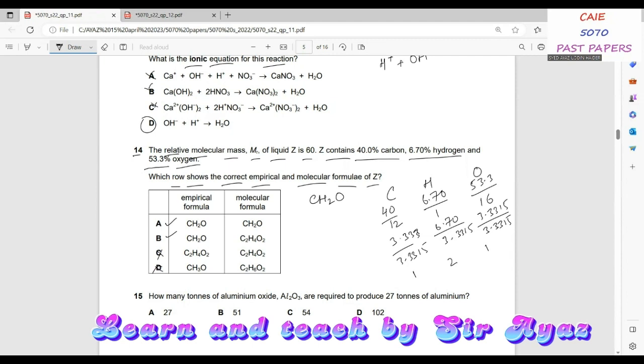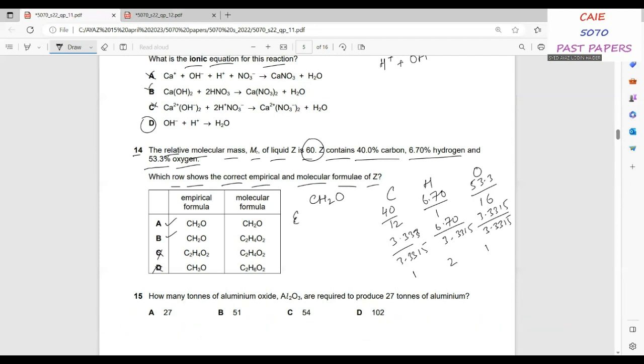In order to find the molecular formula, we will divide the molecular mass, which is 60 here, by the empirical mass. So empirical mass for CH2O will be 1 carbon atom means 12, 2 hydrogen atoms means 2, 1 oxygen atom means 16.